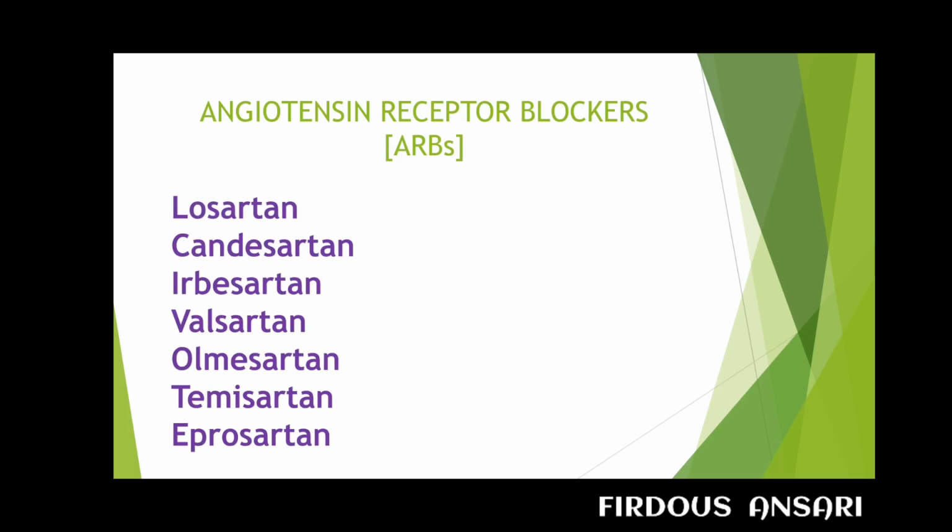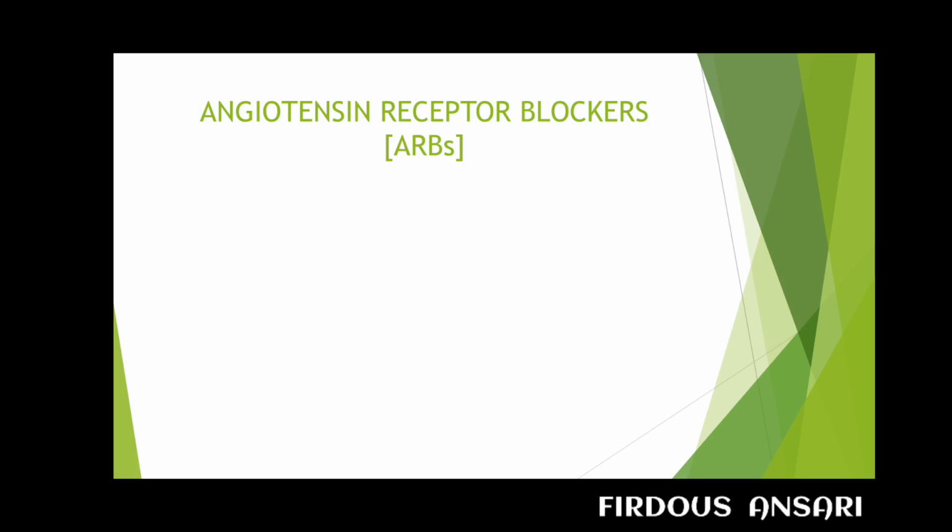Next, examples of angiotensin receptor blockers are losartan, candesartan, irbesartan, valsartan, olmesartan, telmisartan, and eprosartan. Everything ending with sartan comes under angiotensin receptor blockers.